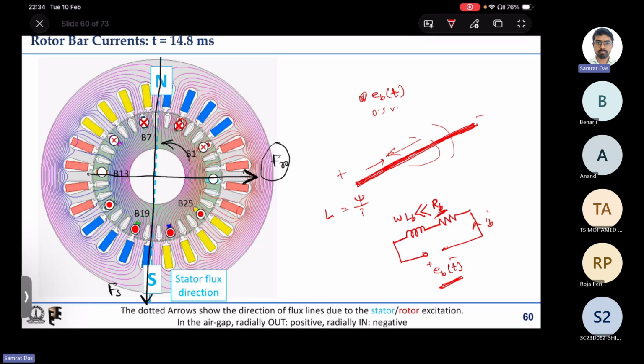In ANSYS transient, that gives this flexibility, but if you are doing it in a magnetostatic solver like FEMM, then you have to rely on post processing. First you have to solve the 2D magnetostatic simulation at multiple instances, get the flux linkages of different bars, get the induced EMF, and then divide it by the resistance of the bar to get the current. That is the way.